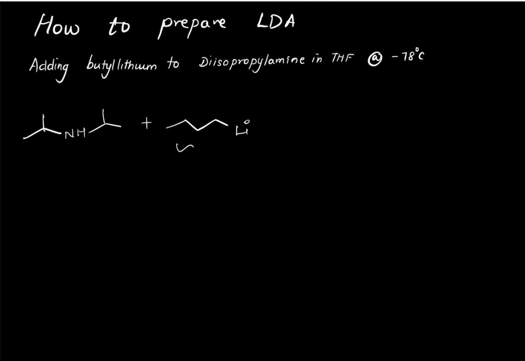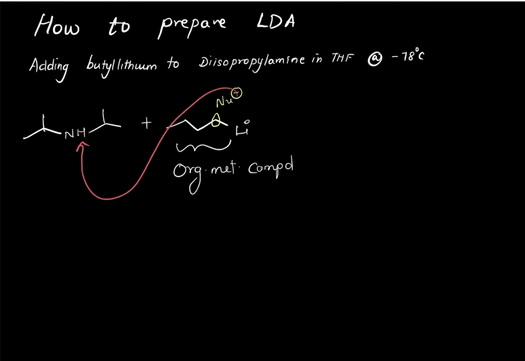Remember, butyl lithium is an organometallic compound which has a negative charge on the carbon. So the carbon is going to act as a nucleophile, and it's going to grab the hydrogen from here, thereby forming the base.